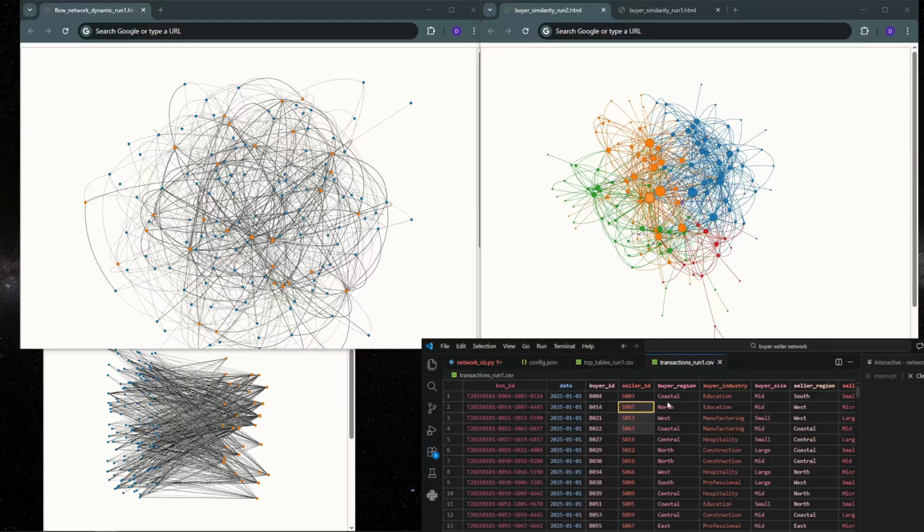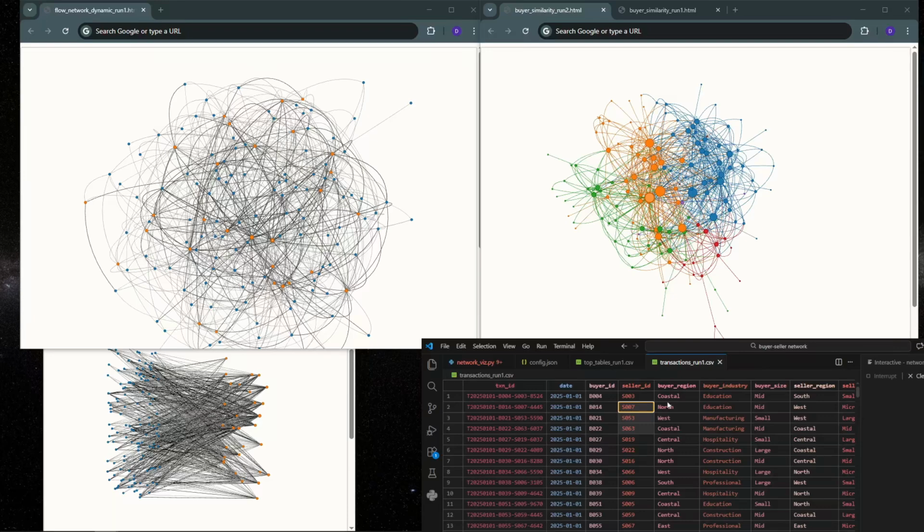And also, mostly looking at buyers, we're going to see which buyers are more dependent on a limited number of sellers, so possibly they are more exposed to supplier and supply chain shocks.